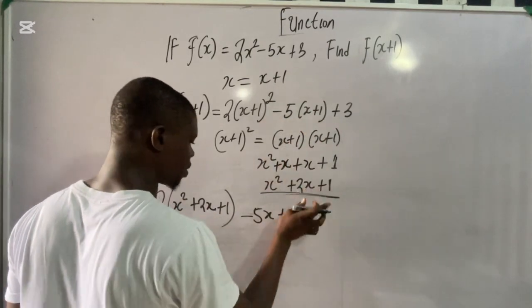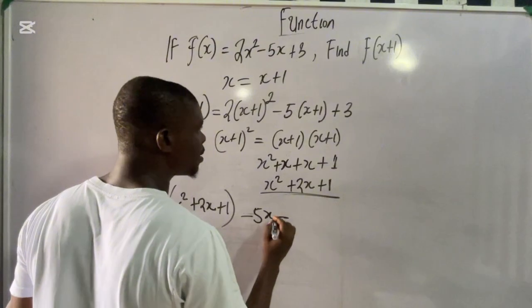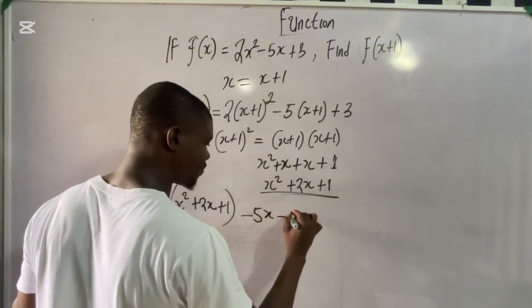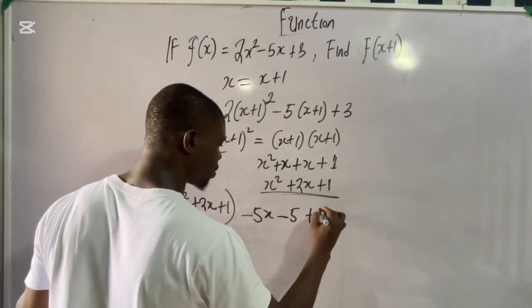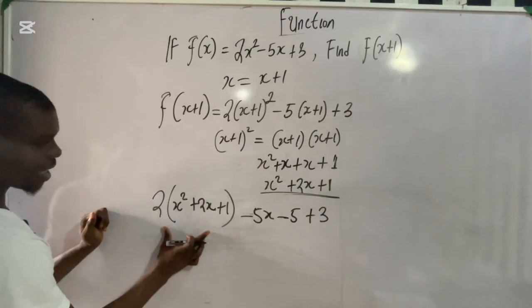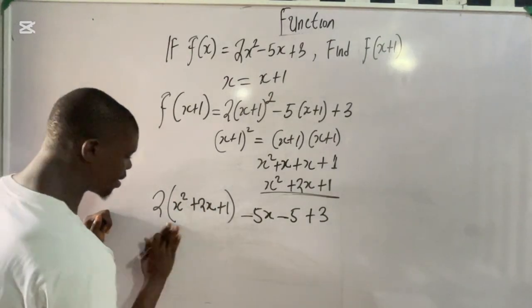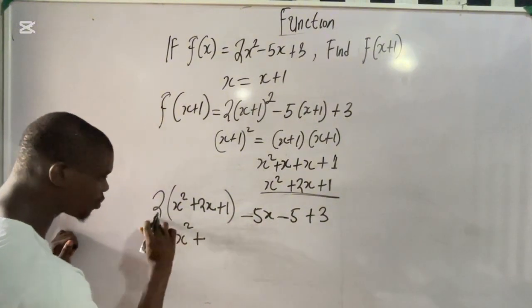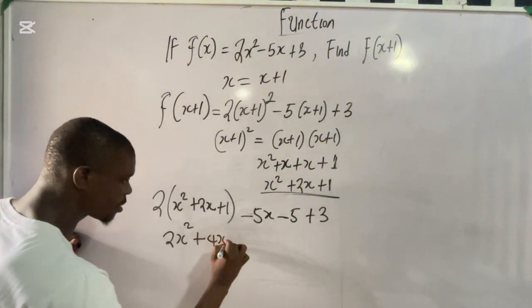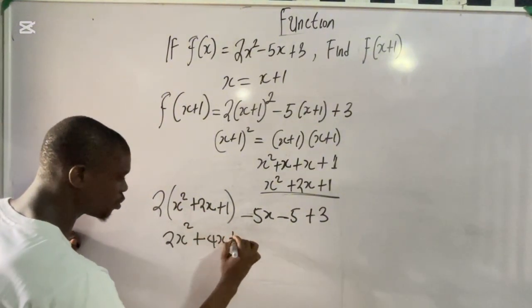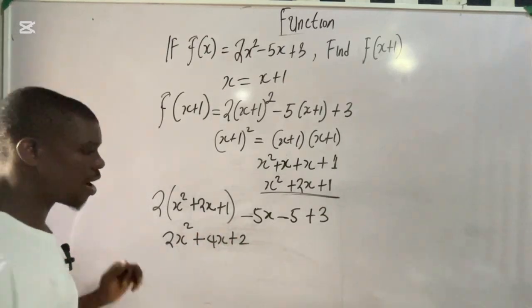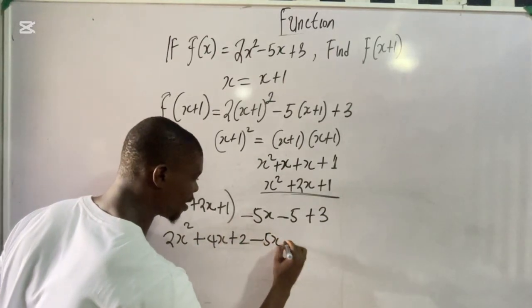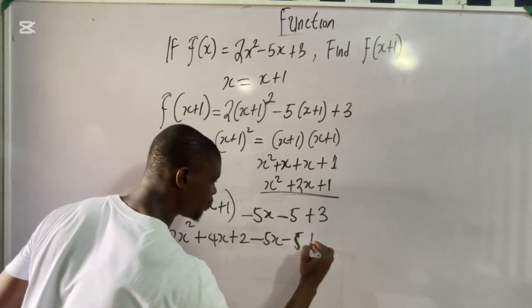Minus times plus is minus, so minus 5 times 1 is 5. So let's expand this guy. If you open this bracket here, you have 2x² + 4x + 2. You now have −5x − 5 + 3.